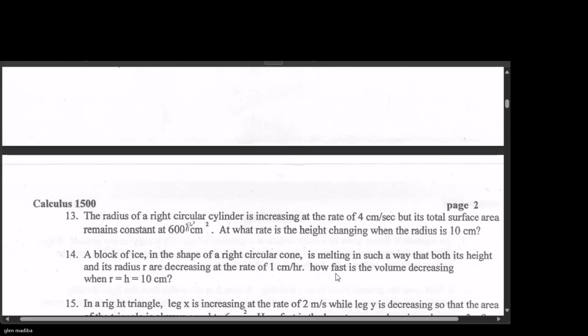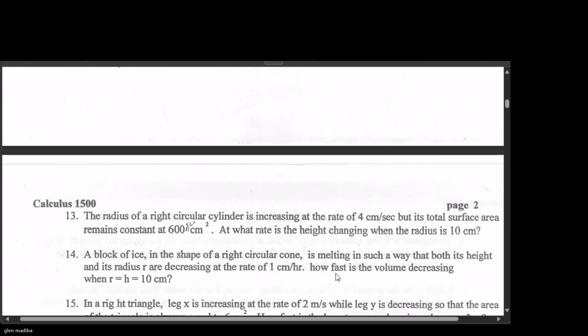Okay, I had the formula for volume, 1/3 pi r squared h, and then I said h and r are equal, so I let h be r, and then I had 1/3 pi r cubed. That was the formula for the volume, and then I derived it.